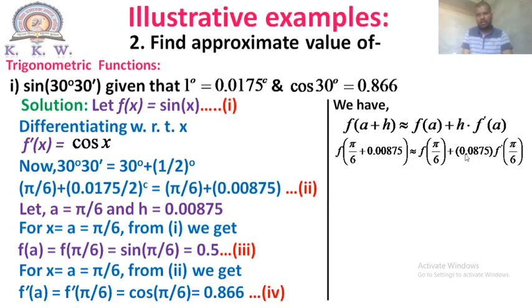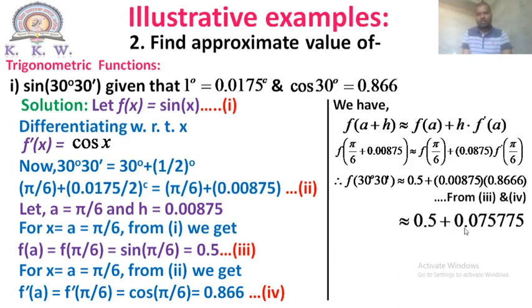Value of H is 0.00875. Here, the value of f of pi by 6 already calculated is 0.5. F dash of pi by 6 already calculated is 0.866.